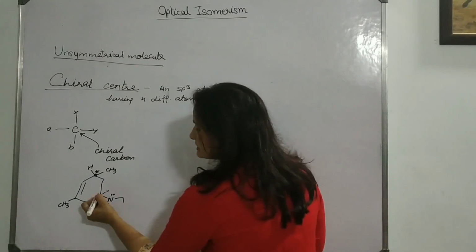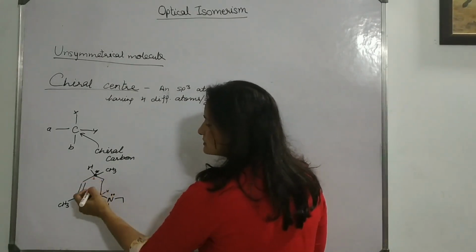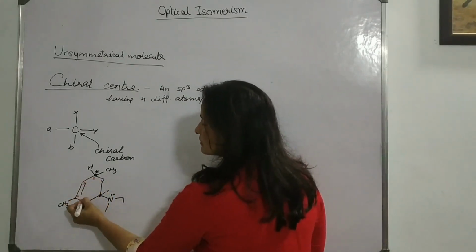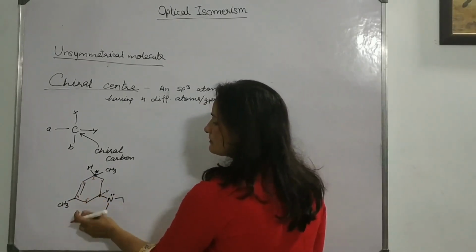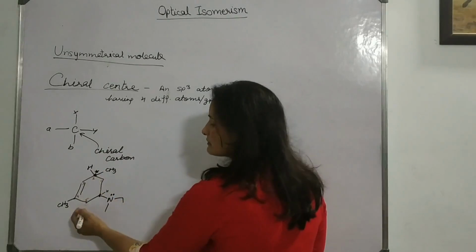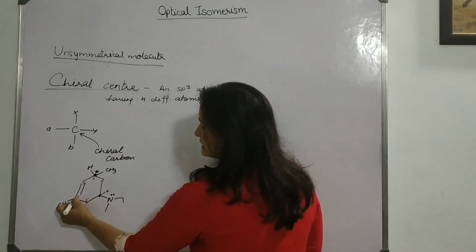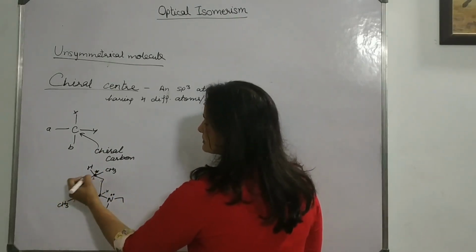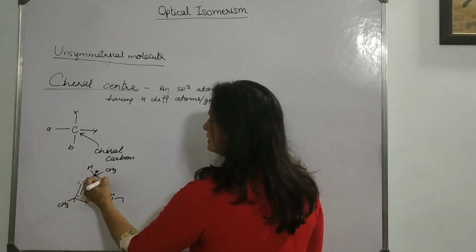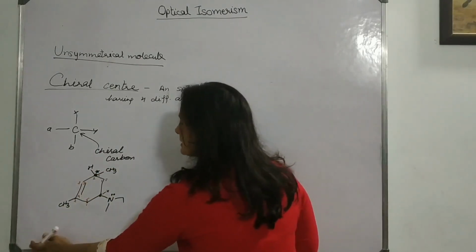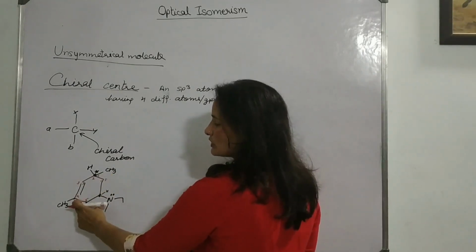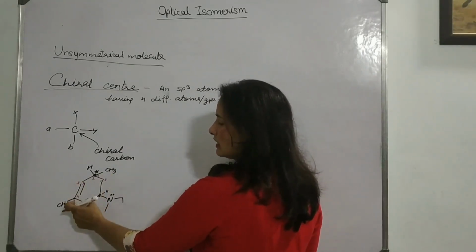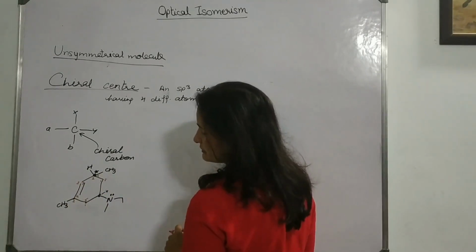How to do it? With respect to this, this is 1, 2, 3, 4, 5. Okay? Now, do the numbering from the right side, left to right also. 3, this is 4, and this is 5. Same groups are getting the same numbers. This is 2 or 4, this is 2 or 4. The double bond is getting different numbers.